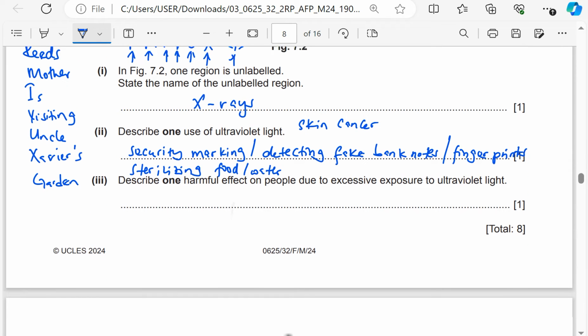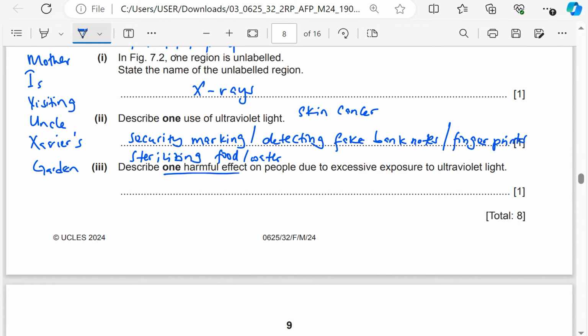But that is negative. Describe one harmful effect on people due to excessive exposure to ultraviolet. Of course, I can bring in skin burns. It damages surface cells, or the skin, or it damages the eyes, causing what we call cataracts.